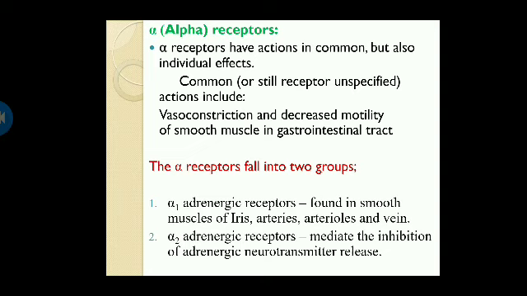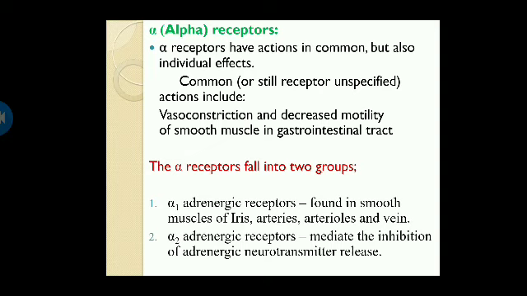Vasoconstriction means constriction of blood vessels, which may increase the blood pressure. And decreased motility of smooth muscles in the GIT means contraction of smooth muscles in the GIT.